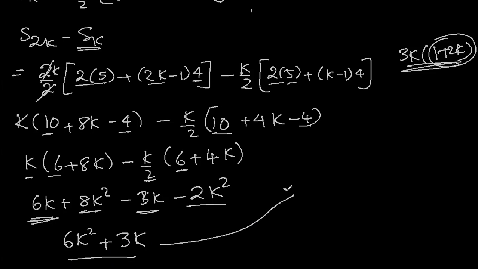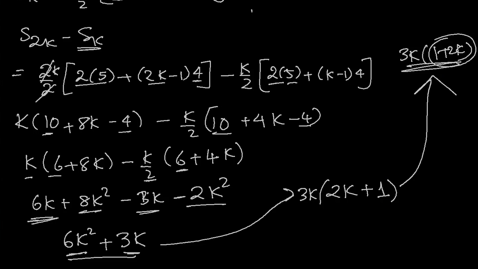And now this is the simplest version. If we take 3k common out of these two, we'll be left with 2k in this one, and 3k is all out, nothing is left. When nothing is left, we write 1, and you can see it is exactly what they wanted.